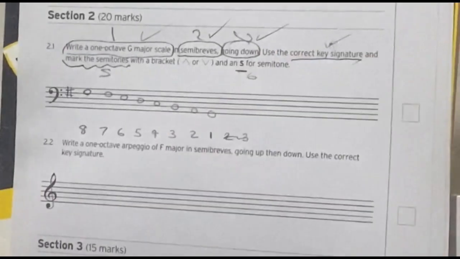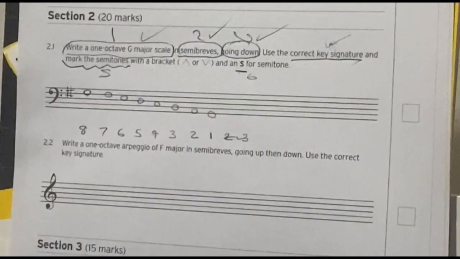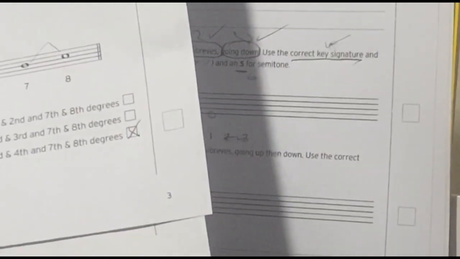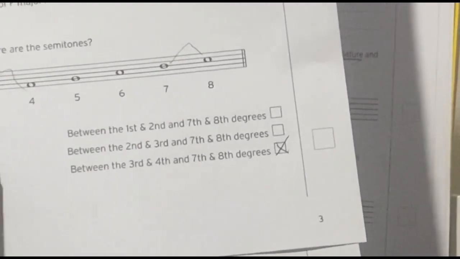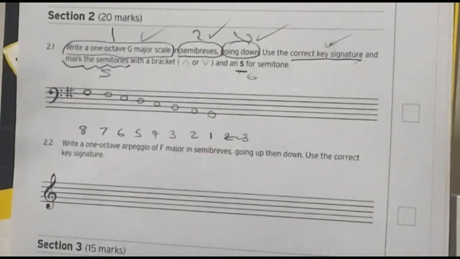Correct key signature. It says mark the semitones. Now if you remember from the other page before, there is a rule with major scales. The semitones are found on degrees 3, 4 and 7, 8 on major scales.